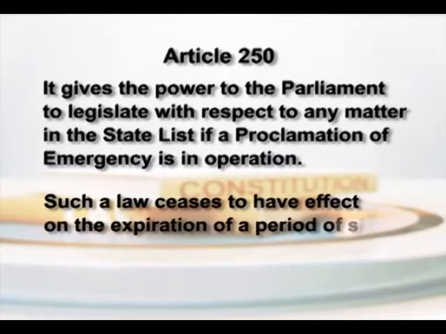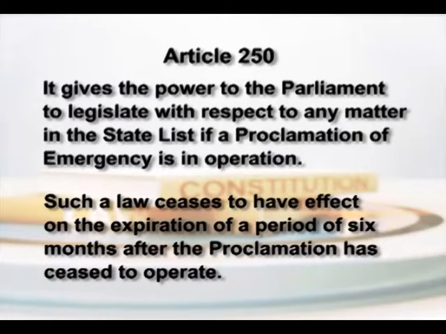It can be declared by the President if there is any threat of external aggression, armed rebellion, and so on. So, in such a situation, Parliament can enact laws in any of the items of the state list. This law ceases to have effect on the expiration of the period of 6 months after the proclamation has ceased to operate.